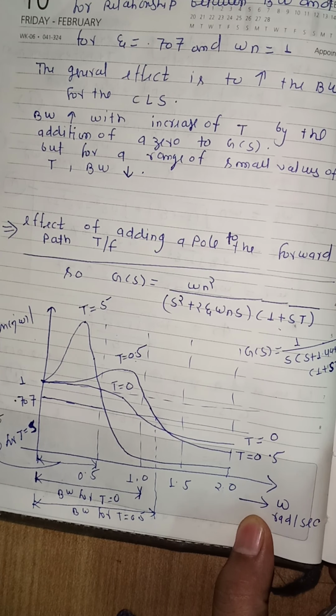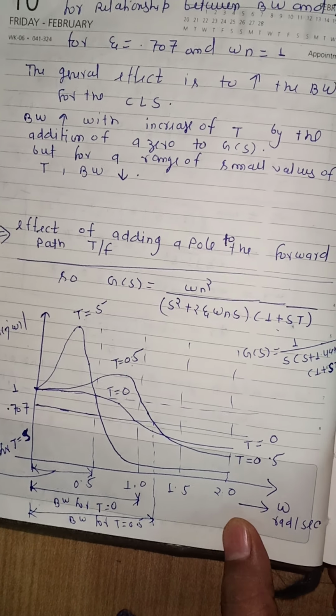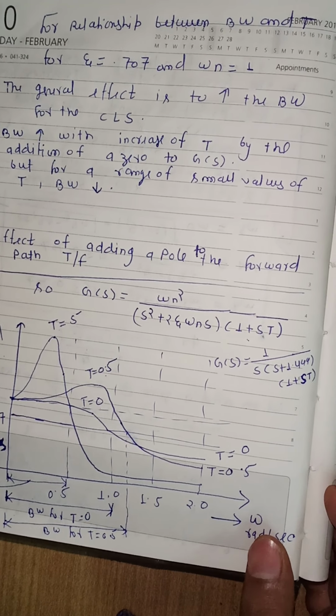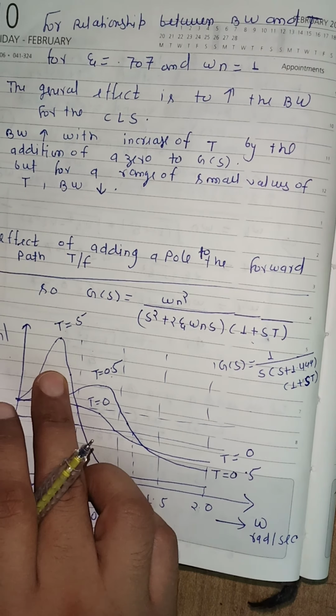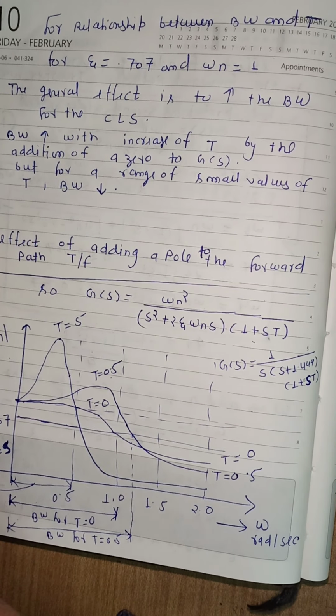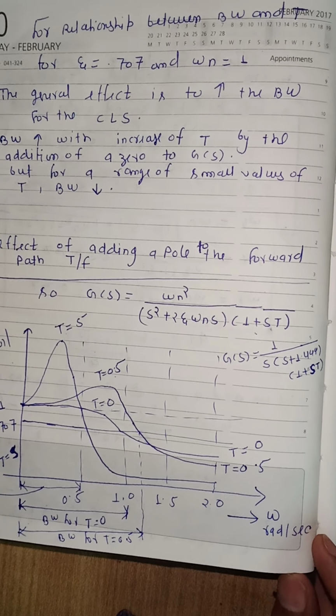In general, the effect of adding a pole to the forward path transfer function is to make the closed loop system less stable while decreasing the bandwidth. So this is the effect of adding a zero to the forward path transfer function and the effect of adding a pole to the forward path transfer function.